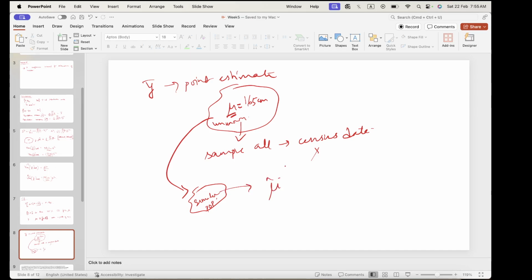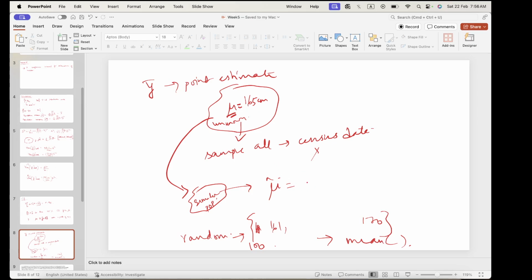If I get a Y bar from my sample, say between 161 and 170, some random numbers, and I collect 100 samples in this range and take the mean, that gives me a single quantity, the point estimate.